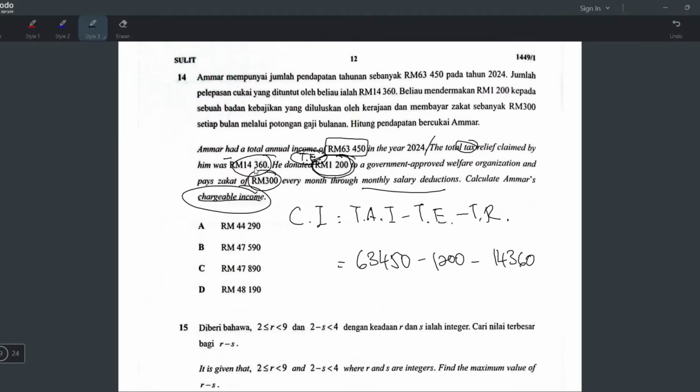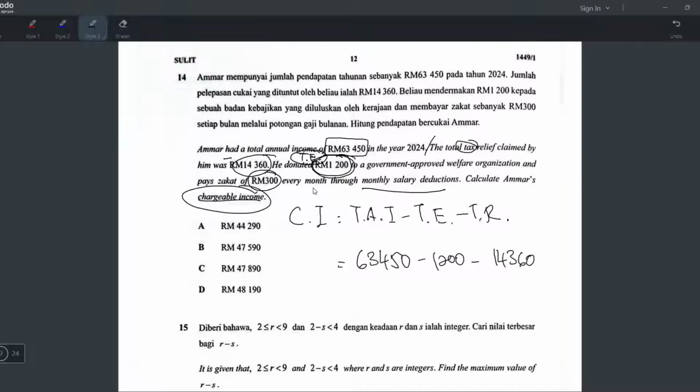If you subtract zakat, then it's wrong already. When do you subtract zakat? That is after you look at the table. After looking at the tax rate table, you get your base tax and the balance, and then you subtract the rebate. It means subtract the zakat.